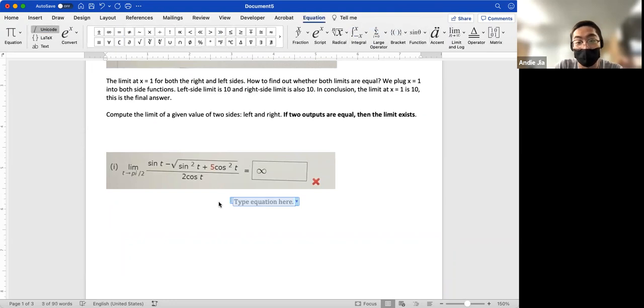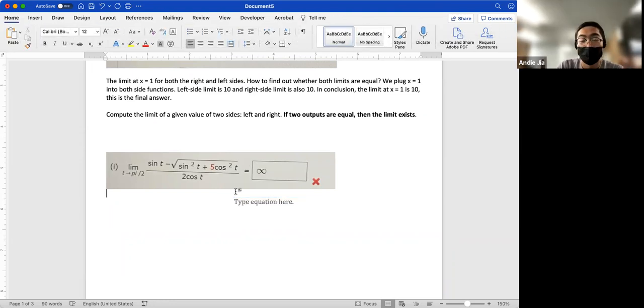If you ever see a radical, regardless of the location, just conjugate. Conjugate the radicals on the numerator and use the trigonometric identities to evaluate the limit.